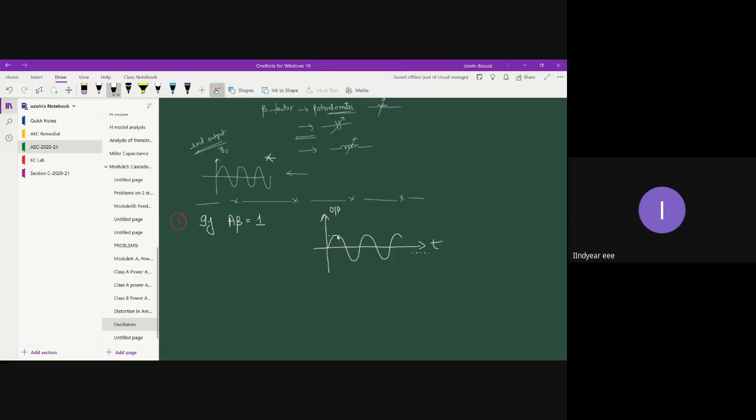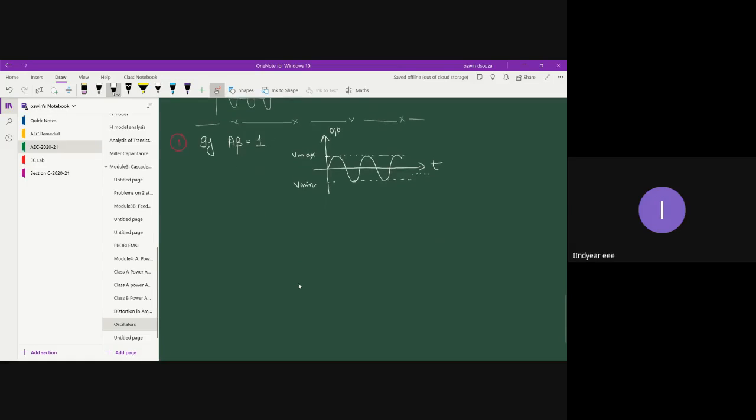That means it will have a constant amplitude, V max in the positive direction and V minimum in the negative direction. And this is what is required for oscillation. A beta should be equal to 1.